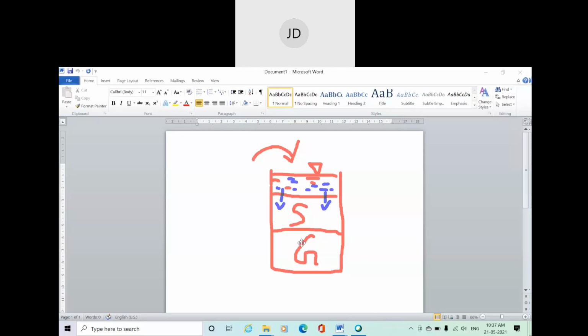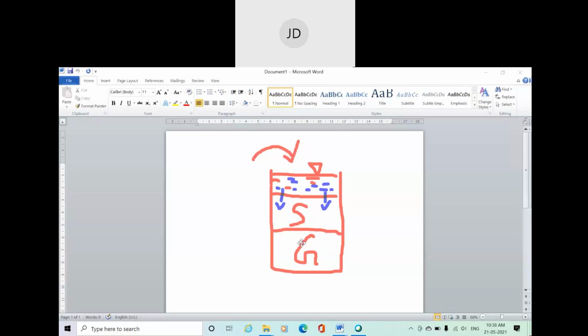This is the basic idea about a filter. Now the main question will arise: how can a gravity filter separate those impurities from water? There are four ways in which a filter can remove or separate the impurities from water.